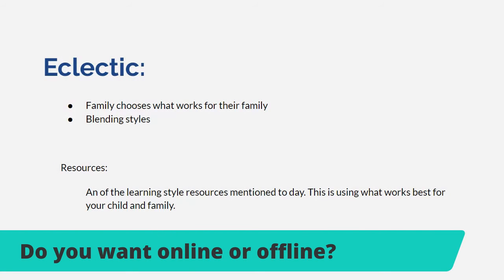Eclectic. This is how my family does it. We're very eclectic. Our math is very textbook traditional. Always has been. Our language arts is Charlotte Mason based because that's what works well for us. History is classical.